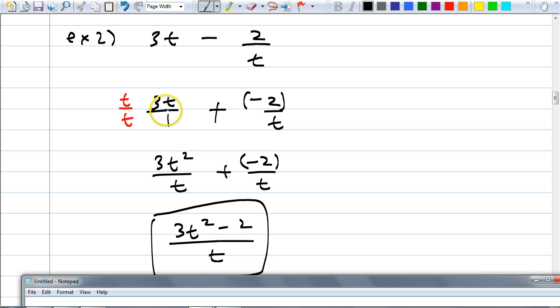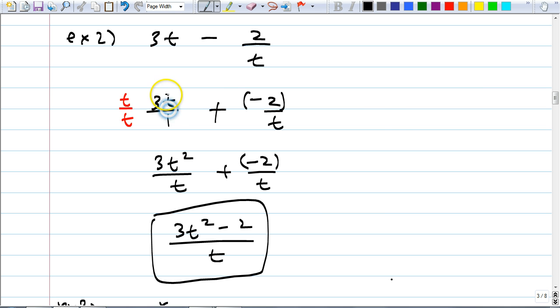So people say, oh, shouldn't you always be simplifying? So why not cancel out t and t over here? Some people say, Mr. Huang said always simplify.